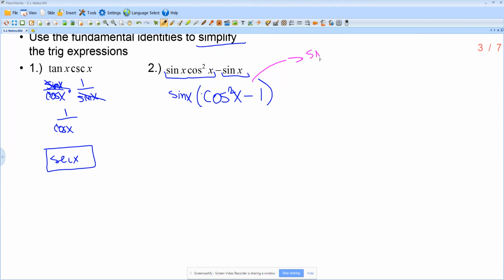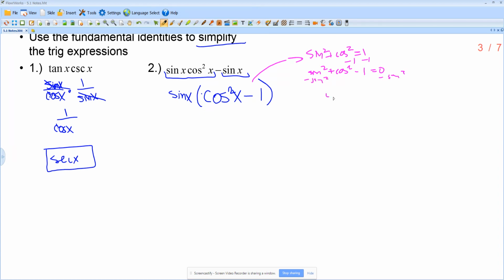Well, I know that sine squared plus cosine squared equals 1. So if I were solving this to make sure I had cosine squared minus 1, I'd have to subtract the 1 on both sides. So I'd have sine squared plus cosine squared minus 1 equals 0. And I'd have to subtract my sine squared on both sides.